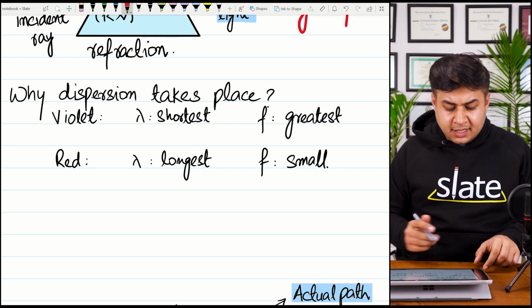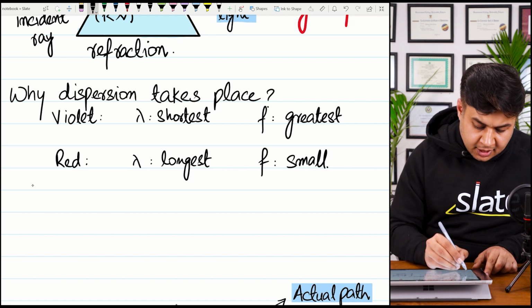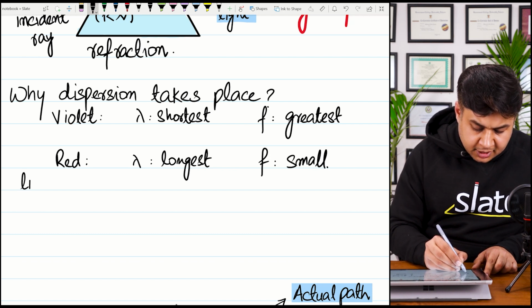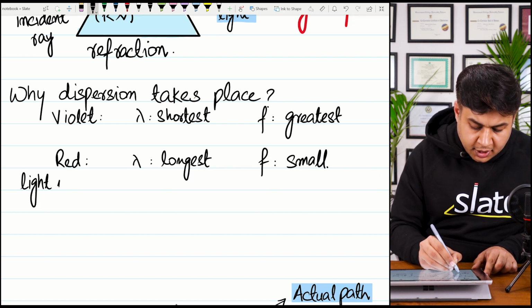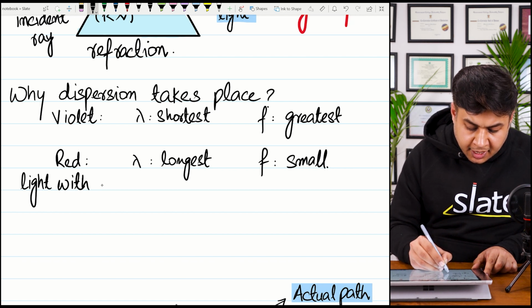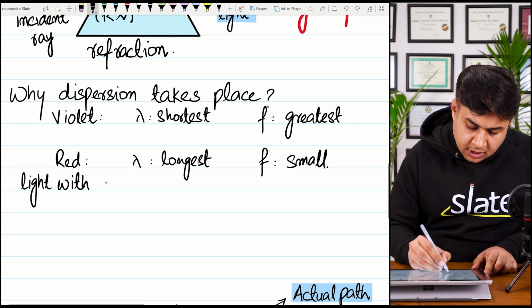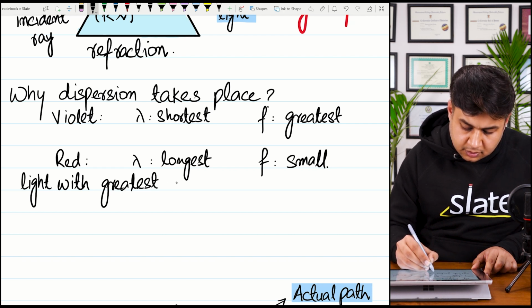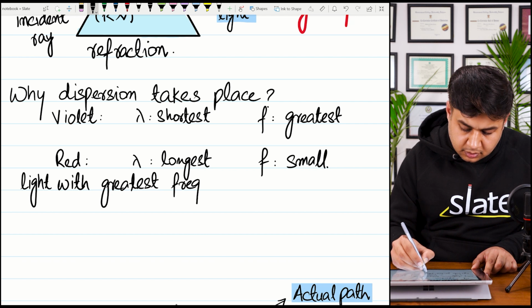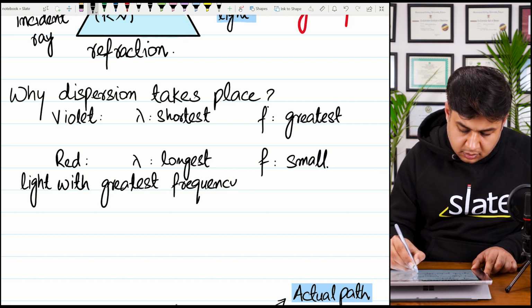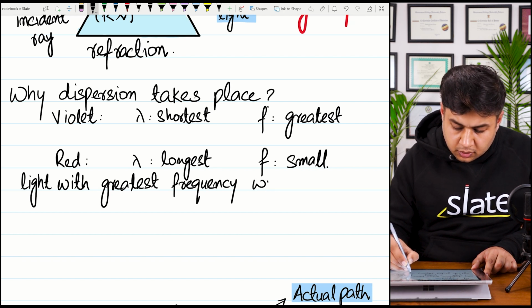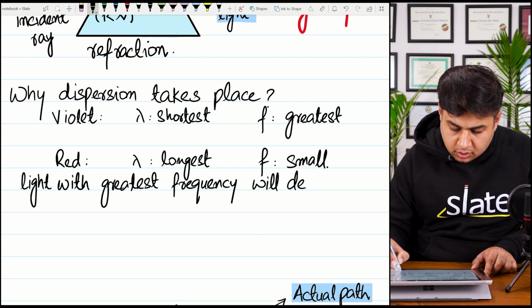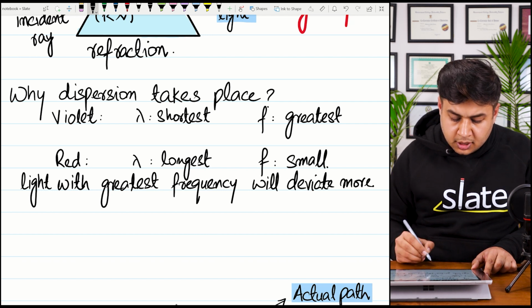You can remember it this way: light rays with the greatest frequency will deviate more, right?